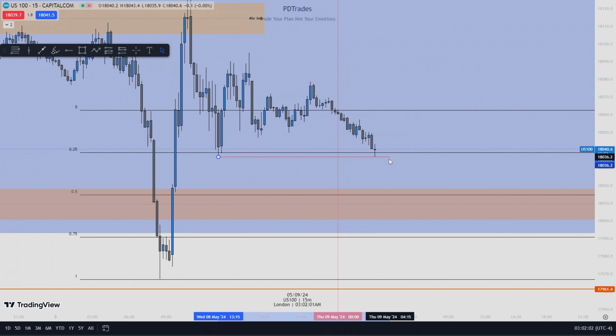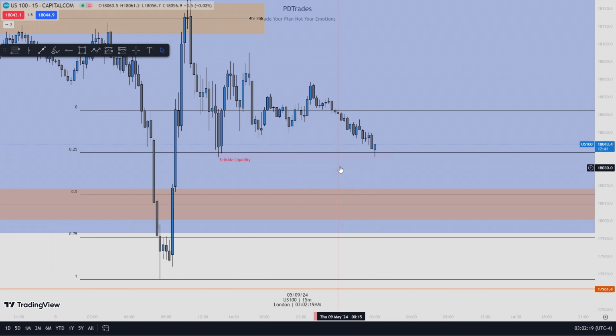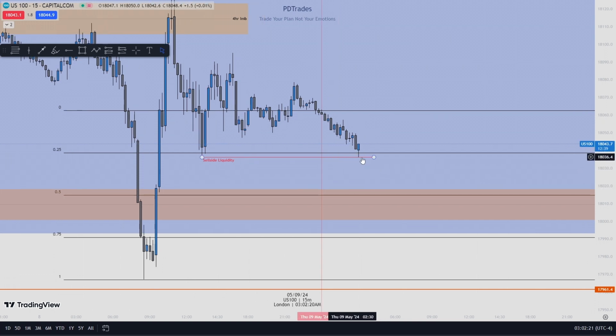Okay. So is it generating more liquidity? Could be. Could be generating more liquidity.